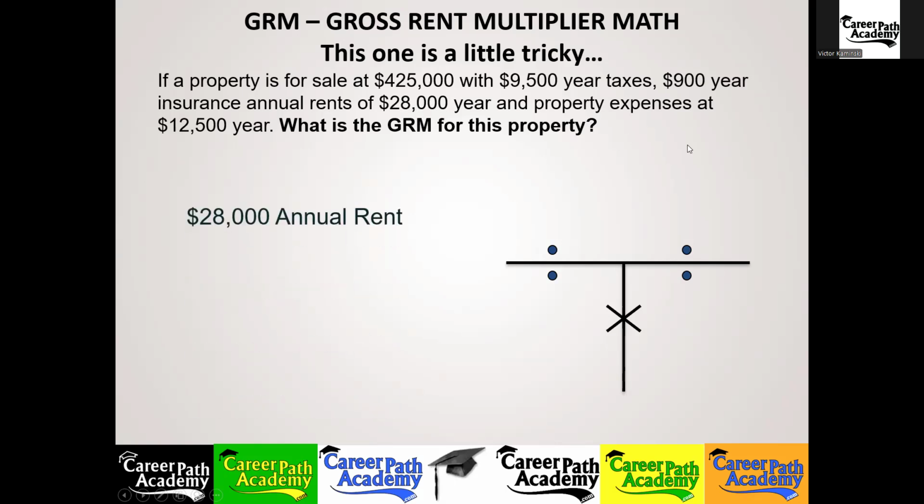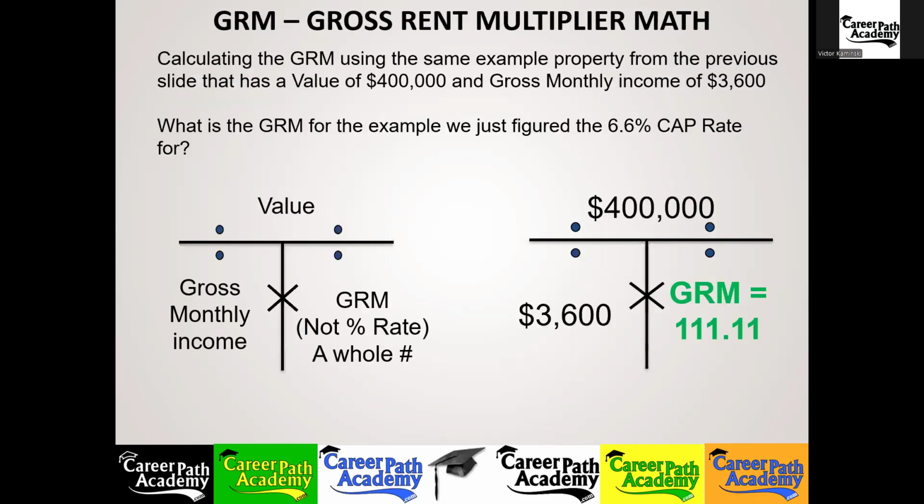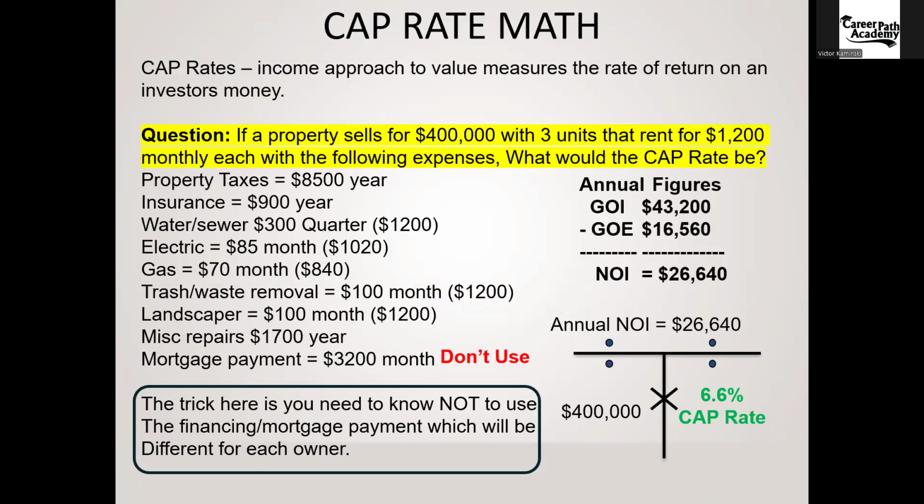On that other slide though, it says the GRM equals the price divided by the gross annual rent. Is it annual or monthly? No, gross monthly. Where is it? The slide says cap and GRM to calculate rate of return.